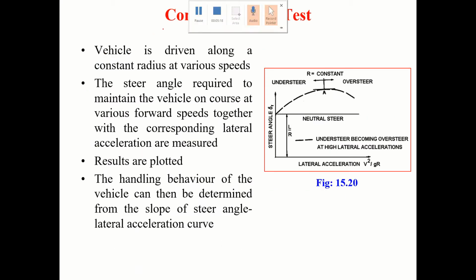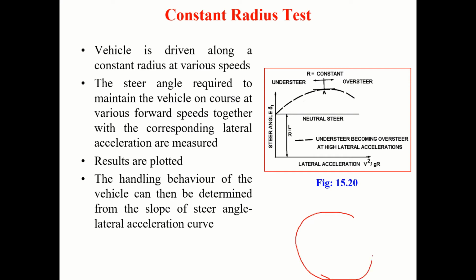Now, constant radius test. So now you go to proving ground, select constant radius track R. That is done. Drive the vehicle at a speed of 10 kmph.